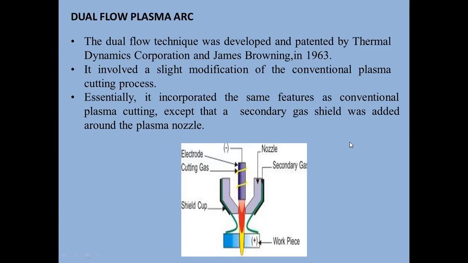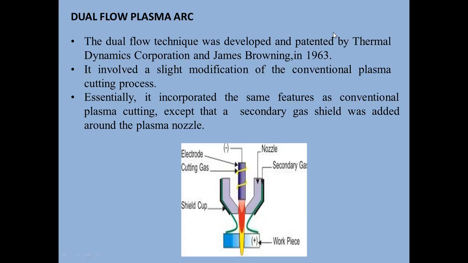As we know, by name itself, we understood that there will be two gases supplied in this particular torch. It was first developed and patented by Thermal Dynamics Corporation and James Browning in 1963. From 1963, we are using this process. You can see how significant this one is.